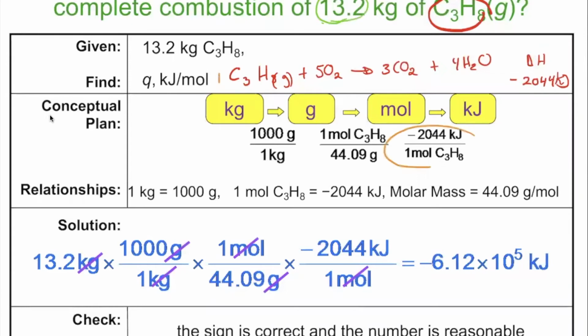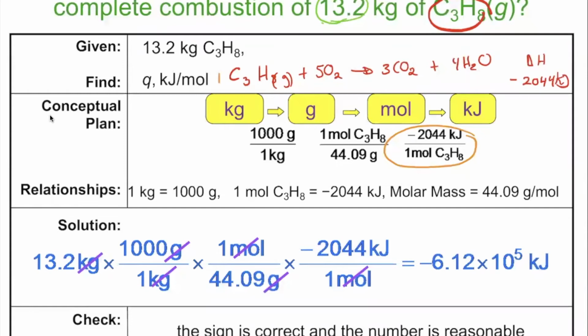So we're going to need this. But they're telling you, what if you start with 13.2? How much heat are you going to generate? So the first thing you need to do is go from kilograms to grams, from grams to moles, and from moles, you're going to go to kilojoules.